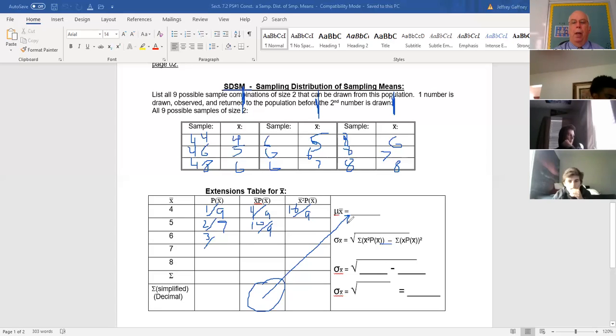How does this mean here, where I've got that circled, and the sum of this column, which is also the mean, relate to the mean that we just did on the front side of the population? It should be the same. Should be exactly the same, right? Because your sample should be reflective of the population.